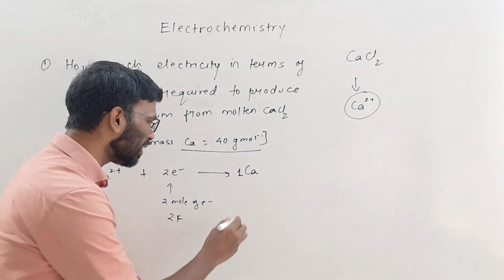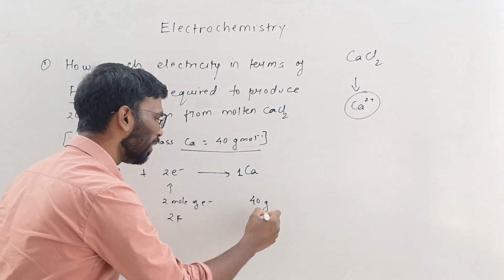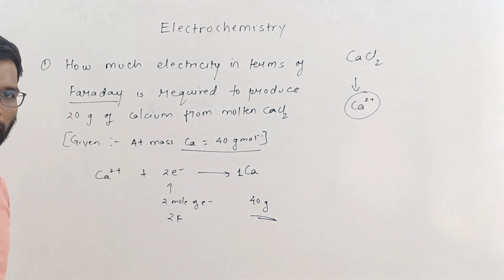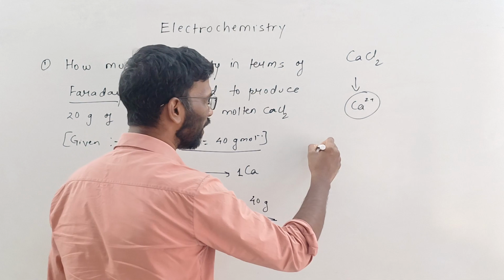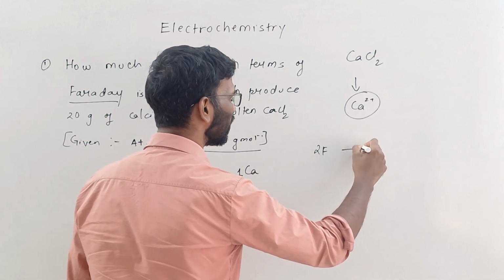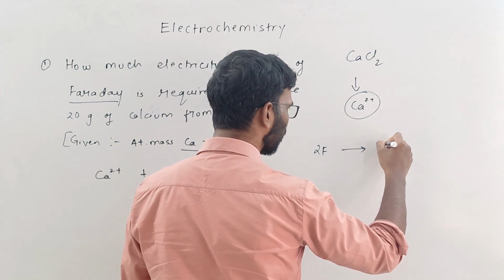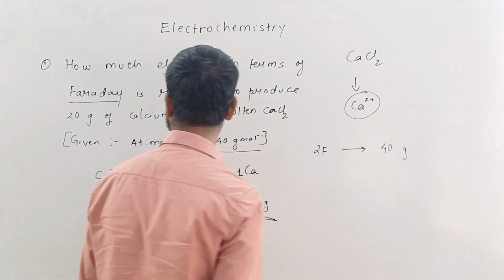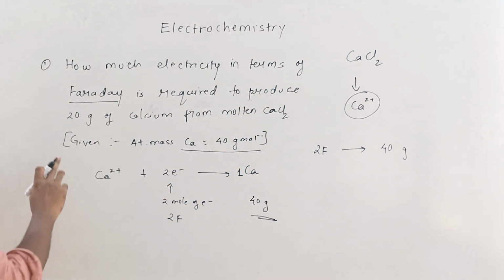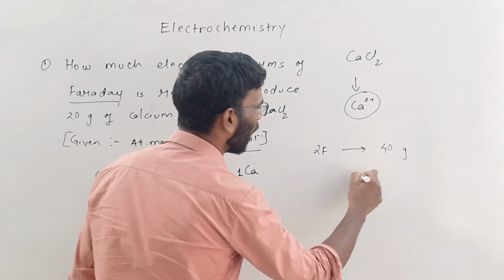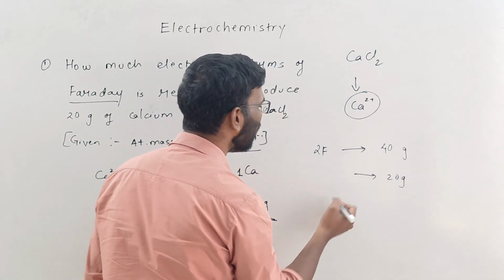So 1 mole means this is equal to 40 grams. So from this equation we understand that 2 farad deposits 40 gram.